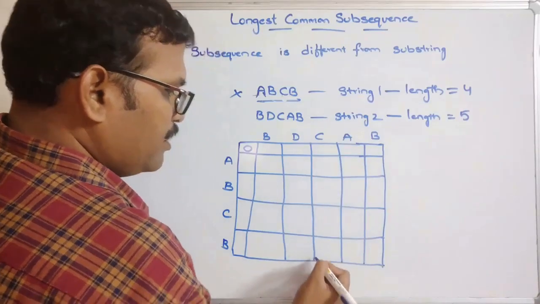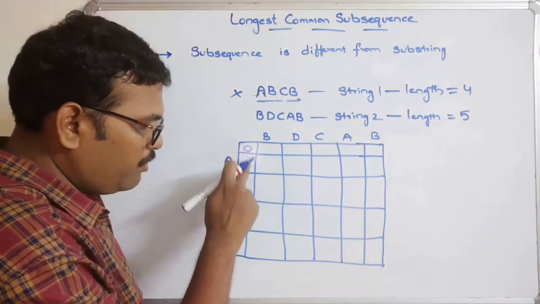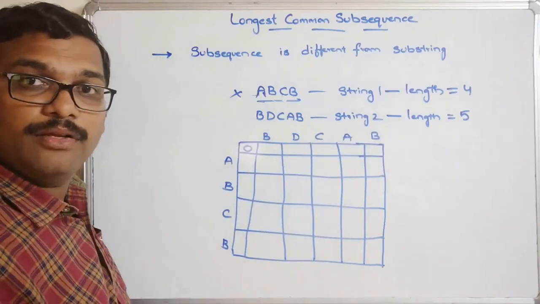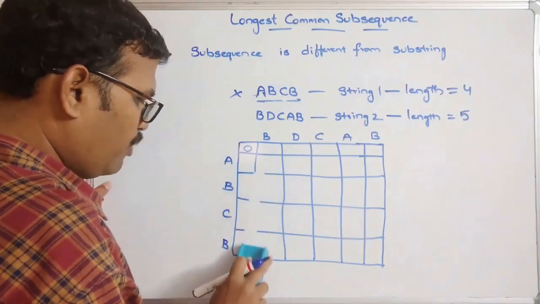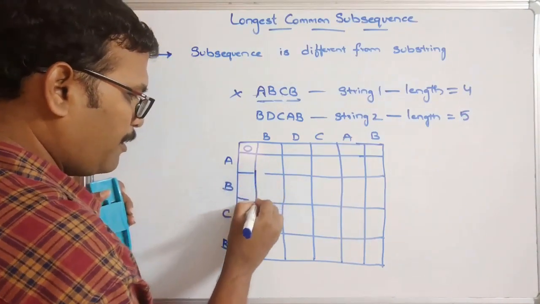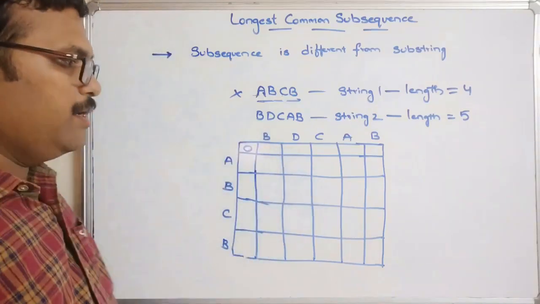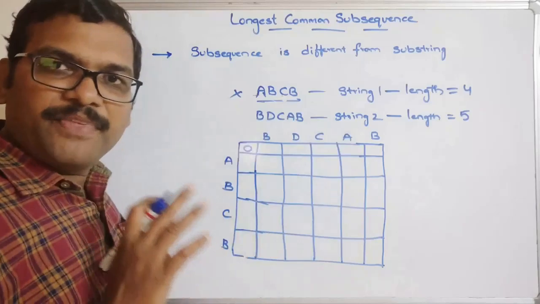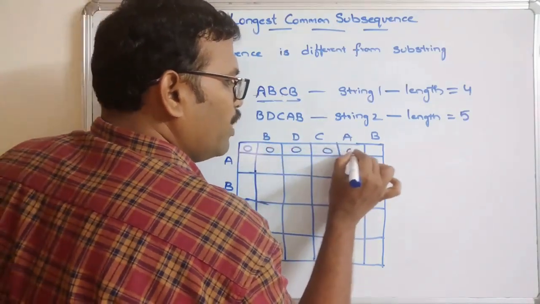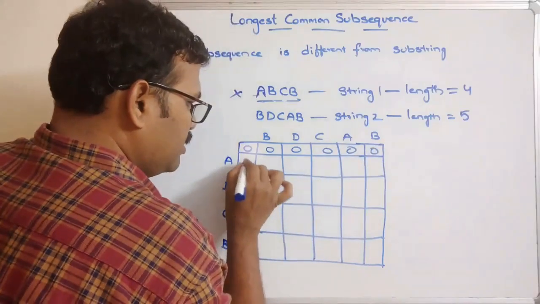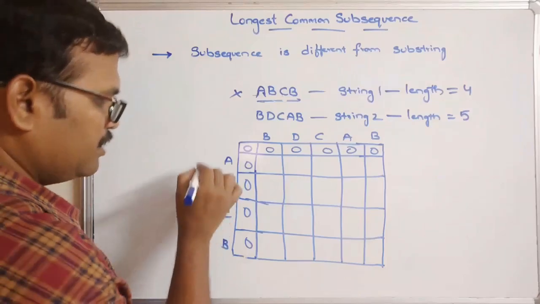Right. So you can observe here, extra we have written one column and one row. This is a separate column and separate row. Initially fill the first row and first column with zeros.